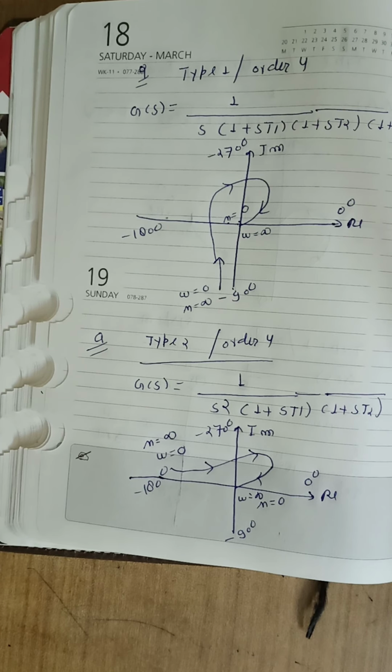You can consider any value between omega equal to 0 and omega equal to infinity; it is up to you. After that we can draw the polar plot according to the values of magnitude and phase for omega equal to 0 and omega equal to infinity.